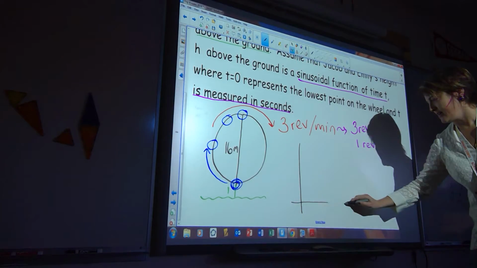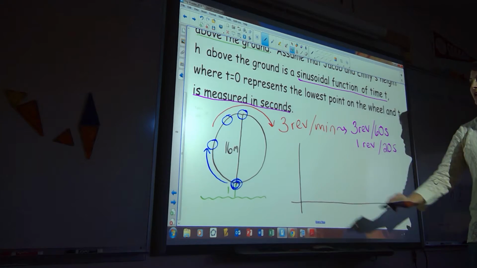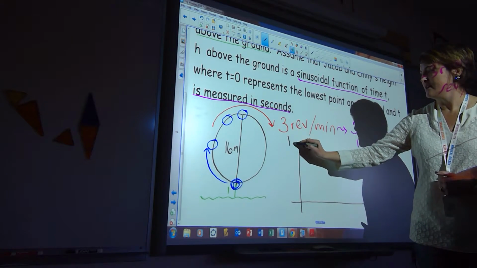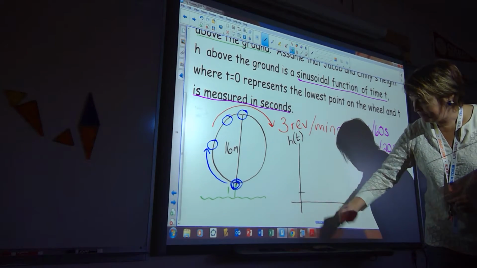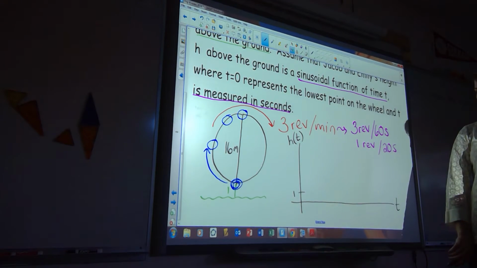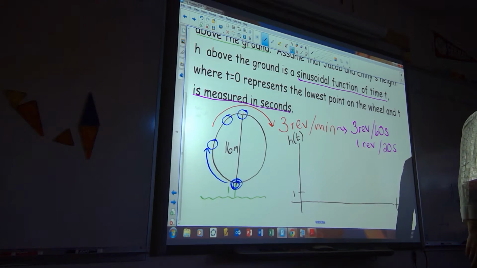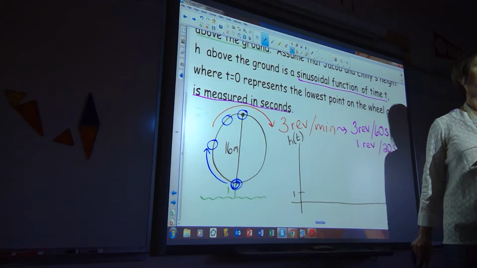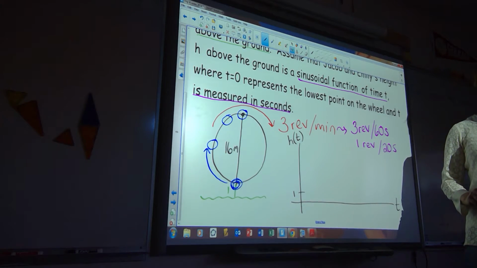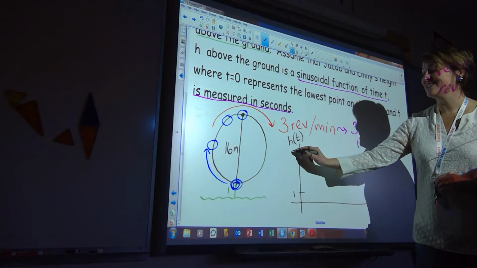All right, so let's now draw just a really rough curve with all the information that we have. So XY axis here, this is time, and this would be height at any particular time. We have a low height of 1. What's our highest height? If we're up here at the very top, how high above the ground are we? Are we 16? We're actually 17, right?